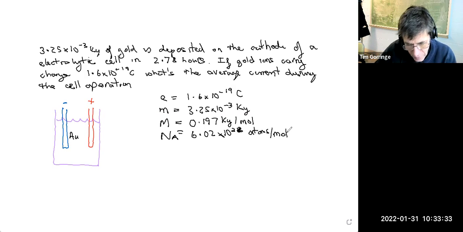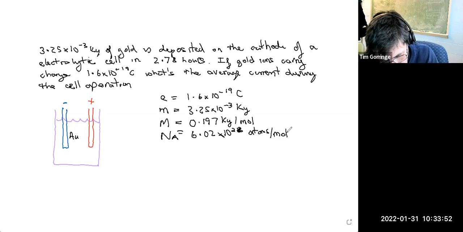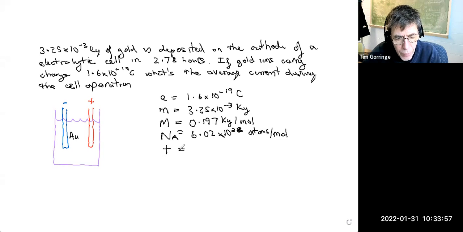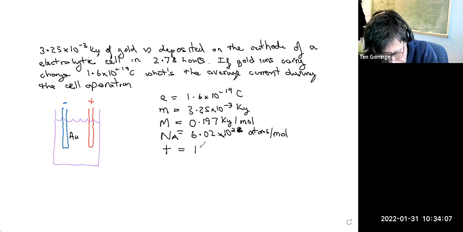So those are the numbers related to the gold, its mass, its charge, and what we need to calculate the number of gold atoms that were deposited. Finally, we're also told that the time the cell ran for was 2.78 hours. I'm going to multiply that by the number of seconds in an hour. I got 10,000 seconds.